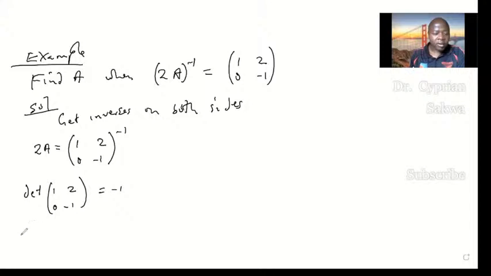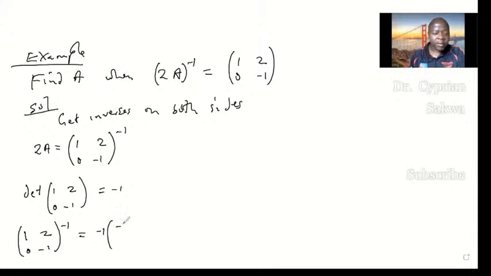So the inverse of that will be 1 over the determinant, 1 over negative 1, which is just negative 1, times the adjoint of this.